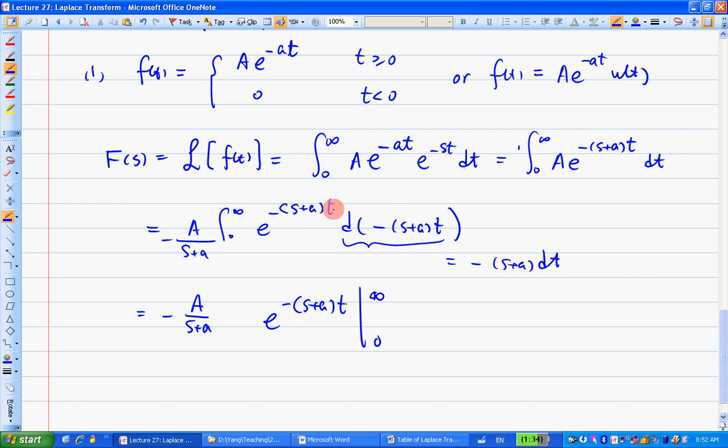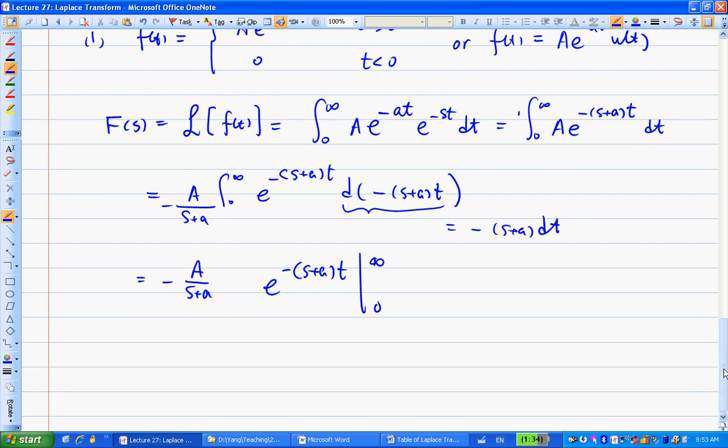This negative (s plus a) multiplied by that is going to be gone, so it gives me back this one here. Basically I'm trying to keep the same as the previous expression. Is that okay? Who's not okay with this? I guess most of you are okay. Good.